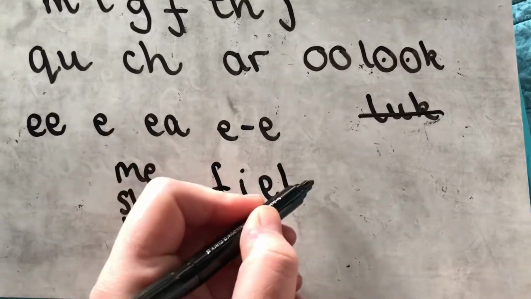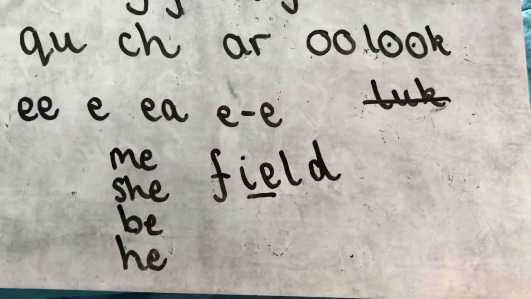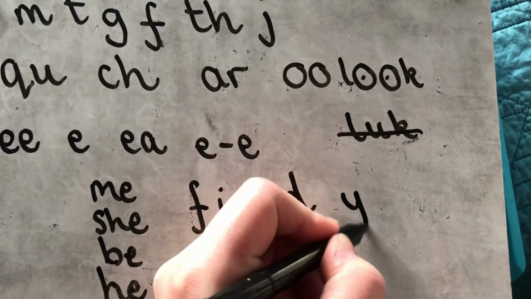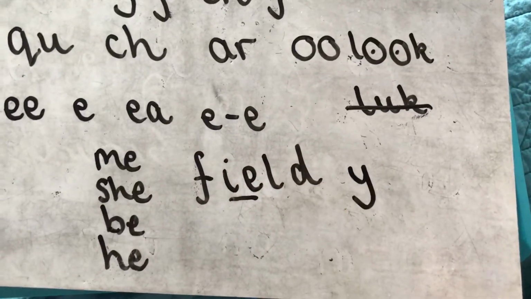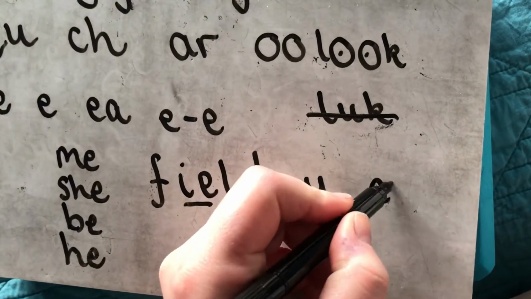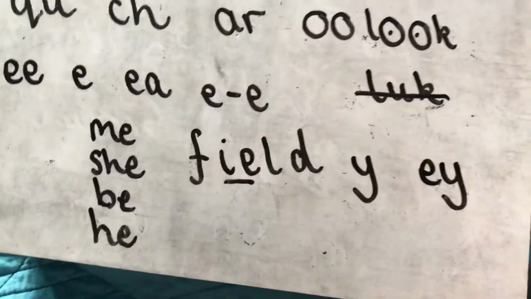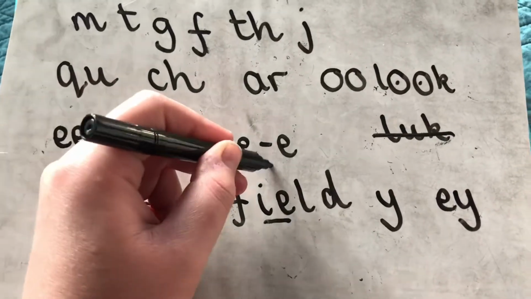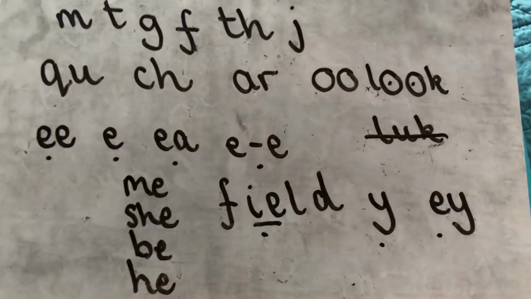Then we've got E in happy. And the final one, E in monkey or money, is EY, isn't it? Like that. Okay, so you've got 1, 2, 3, 4, 5, 6, 7 E's.